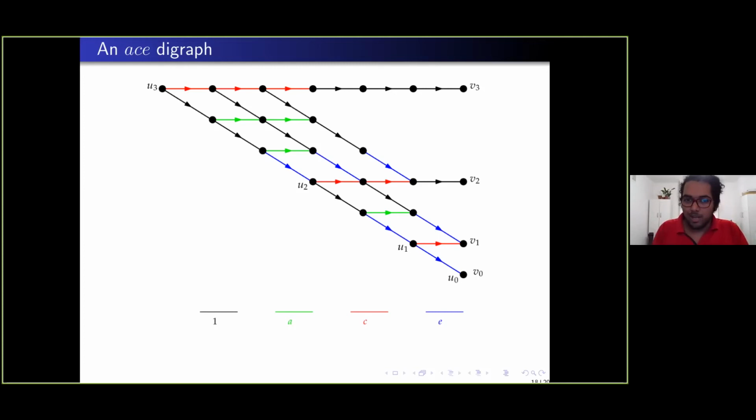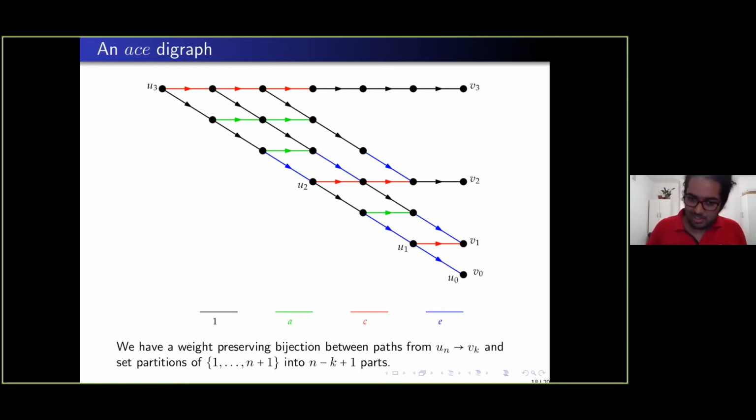And we have a bijection which, if you give me a path starting at U_n and ending at V_k, gives a set partition. Since it's the reverse Stirling subset triangle, there's a bit of indexing: it's a set partition on n plus 1 elements into n minus k plus 1 parts.